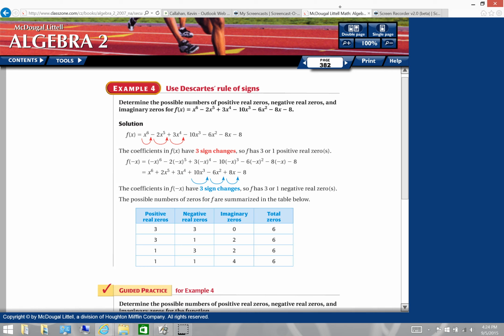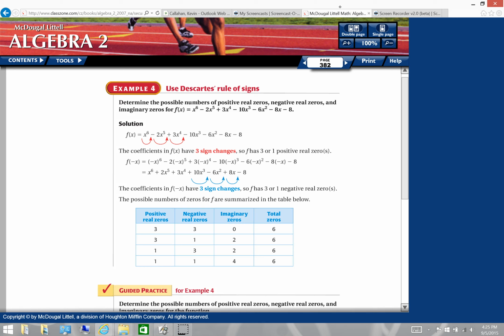That's a change of sign. From the second term to the third term, it goes from negative to plus. That's another change of sign. Then it goes from positive to negative, and the rest are negative. So how many total changes of sign was that? 1, 2, 3. So the most positive zeros there could be is 3.